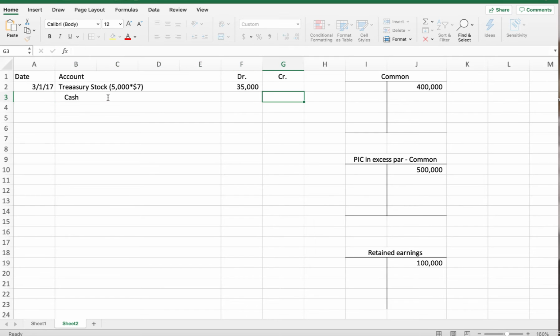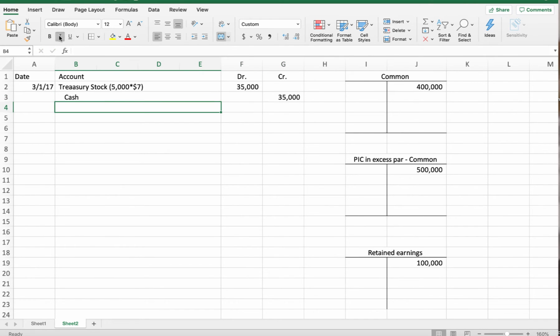Cash, and it's going to be the same $35,000. Now, for our explanation, we can say bought 5,000 shares treasury stock at $7 per share.